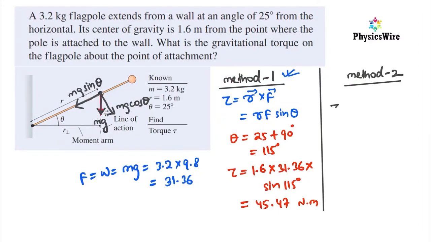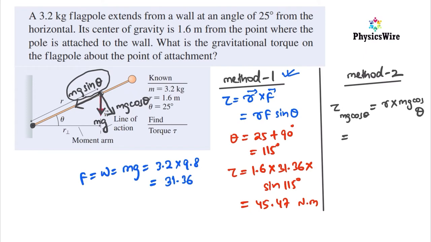Torque due to the mg sin theta term will be 0 because this fixed point and the force component are in the same line. So torque due to only cos theta will be there. So torque due to mg cos theta equals r times mg cos theta.